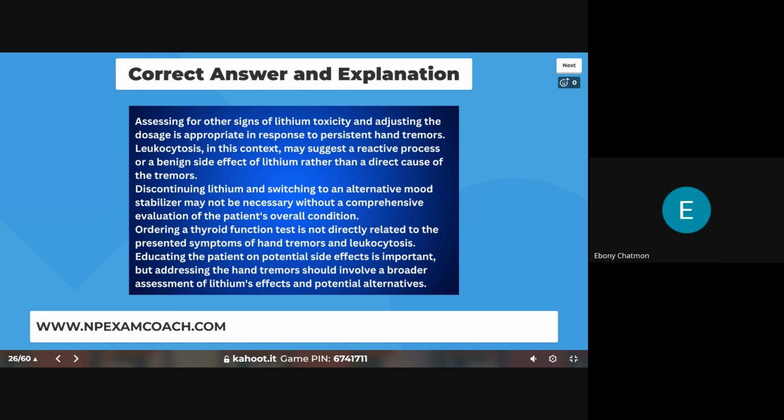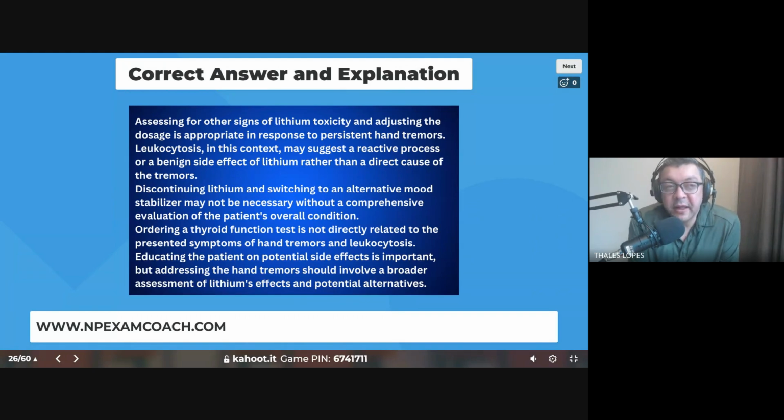Can I say something real quick? Yes, go ahead. I think it's because there are two types of tremors. One is just a side effect, and one is toxicity. So I think that's why this question was leaning more towards the titration. That's why I was leaning more to both answers, discontinue and titration, because titration really is to reduce the dose, right?